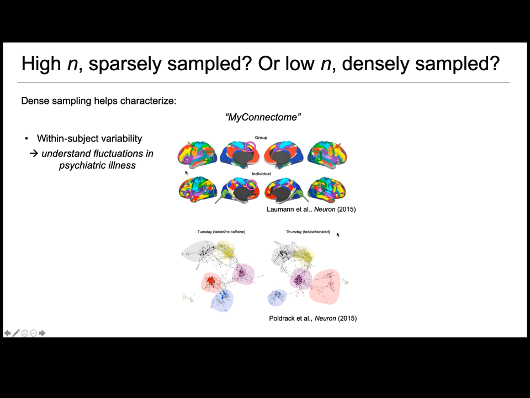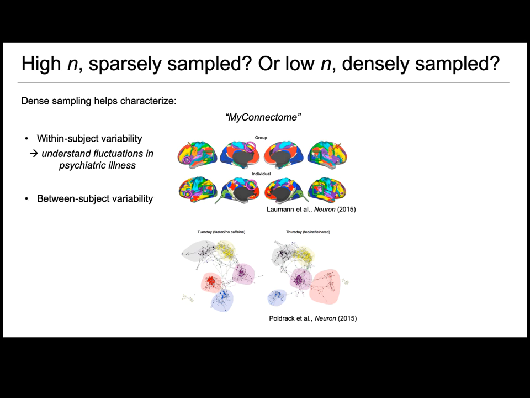On Thursday, he allowed himself to eat breakfast and have coffee, and so you can start to see this is a network structure representation, and there's some, not massive, but certainly noticeable differences in his functional connectome modular structure, depending on whether he'd had caffeine or not. And these are things that we don't necessarily control for or ask our subjects, and so it's just a demonstration that there can be this sort of within-subject variability.